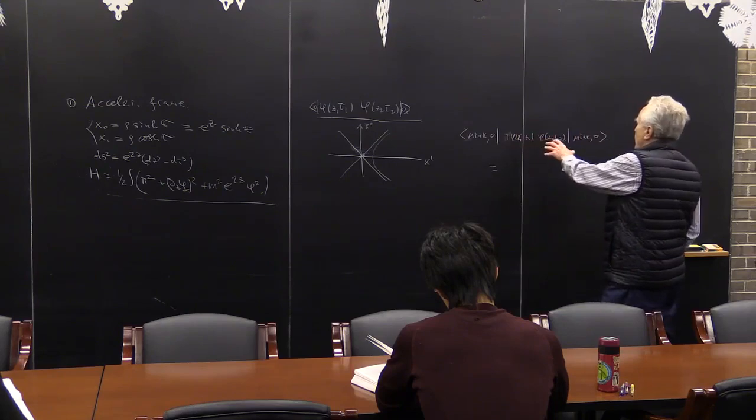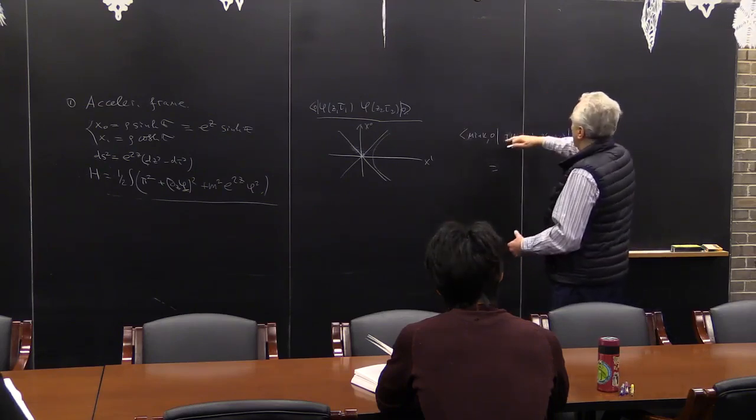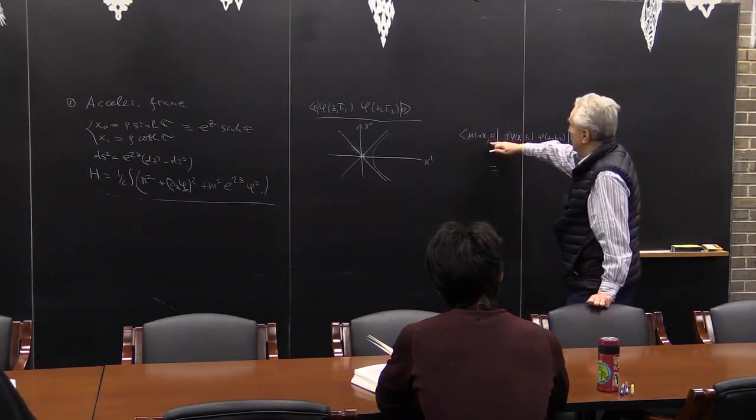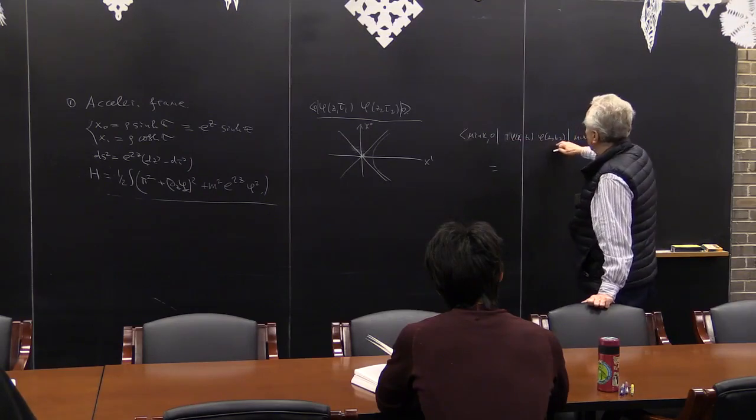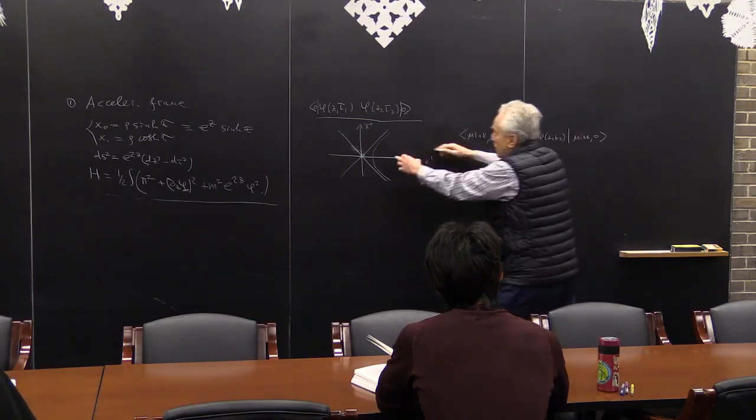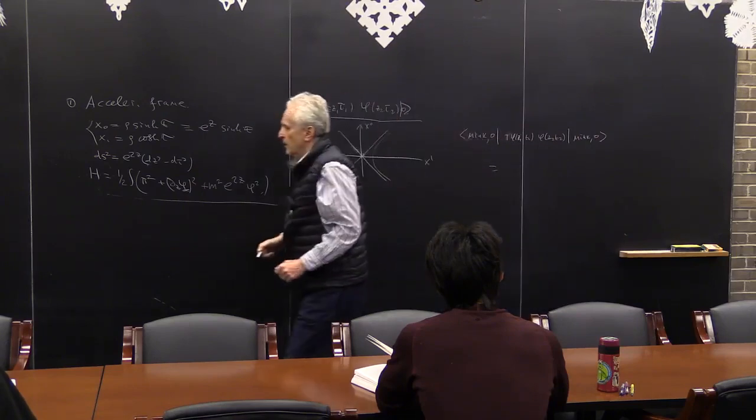So in this way, we just restrict the full Minkowski green function to the wedge.